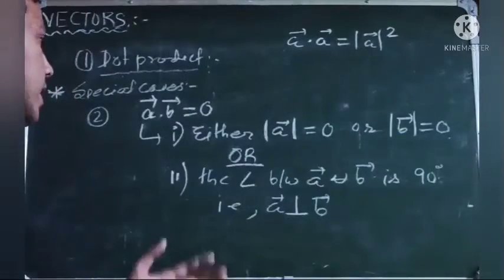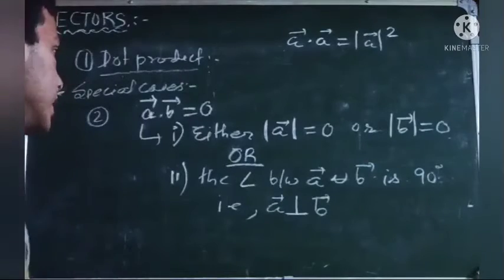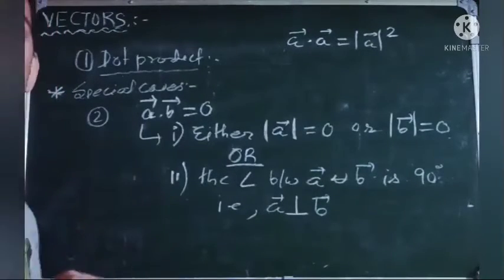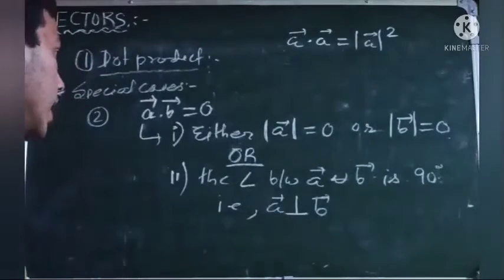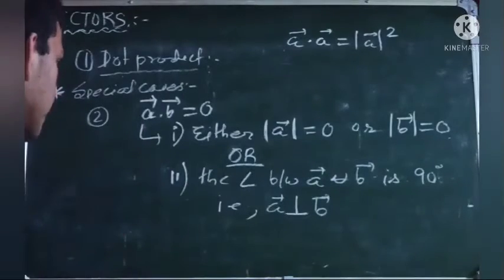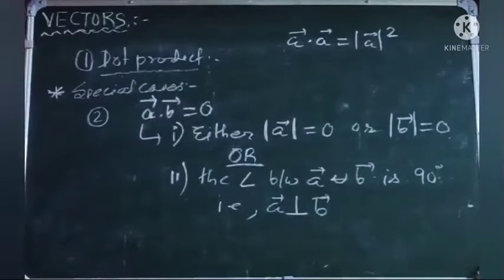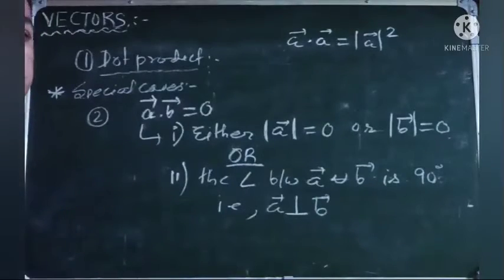And suppose we are given that the dot product of two non-zero vectors is 0, then we are sure that they are orthogonal vectors, because we are saying that these two vectors are non-zero vectors. If these two are stated as non-zero vectors, then they must be perpendicular if their dot product is 0.